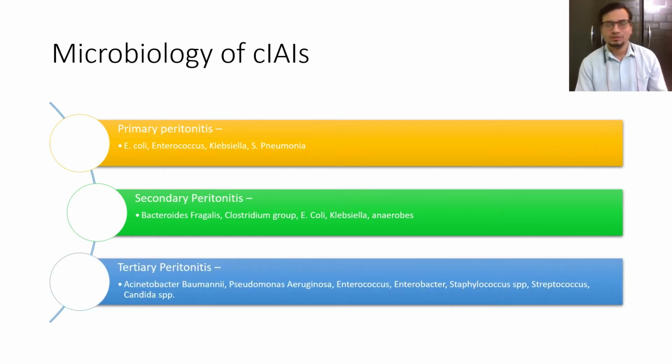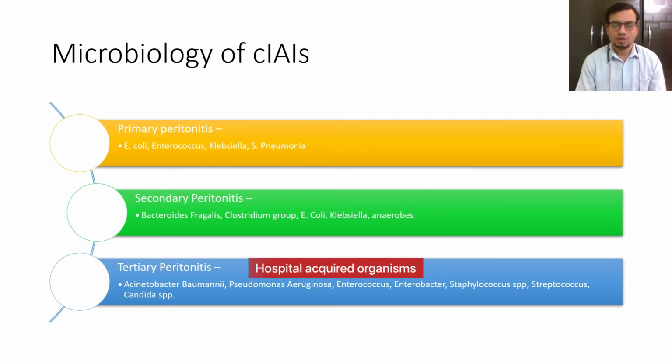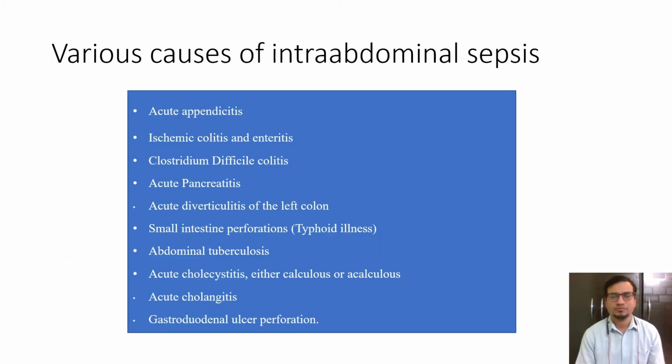So remember all these organisms according to the types of peritonitis as well, where gram-negative bacteria are more common than gram-positive bacteria. In secondary peritonitis, you would see more anaerobic and gram-negative organisms, and in tertiary peritonitis, more hospital-acquired organisms.